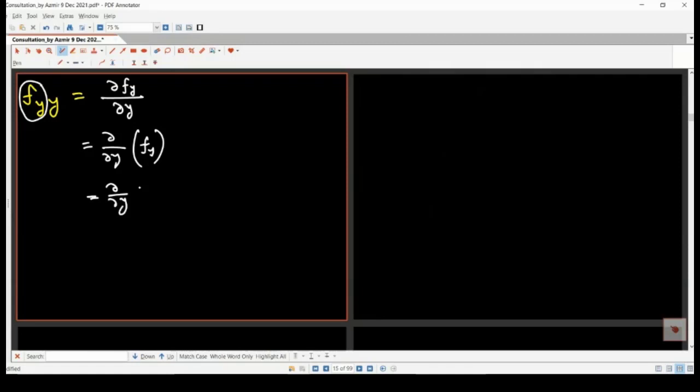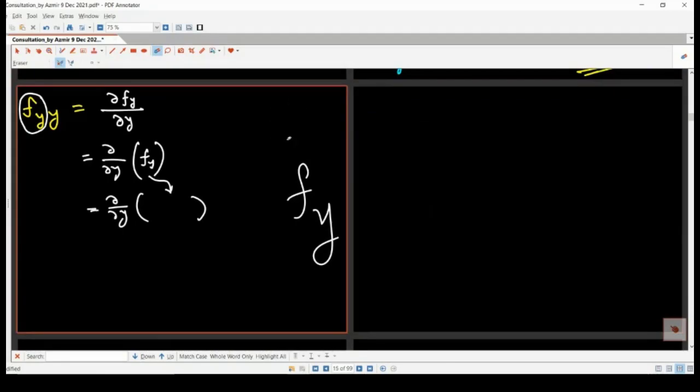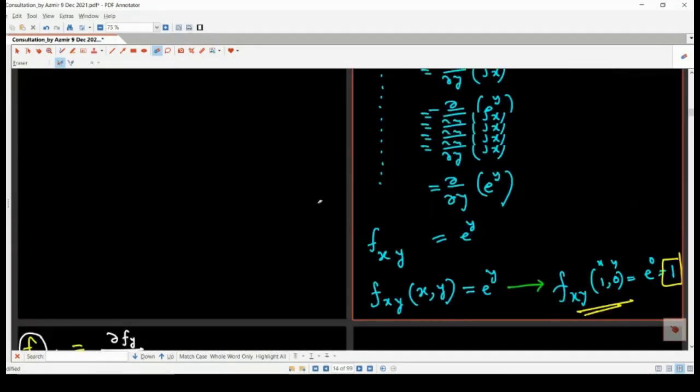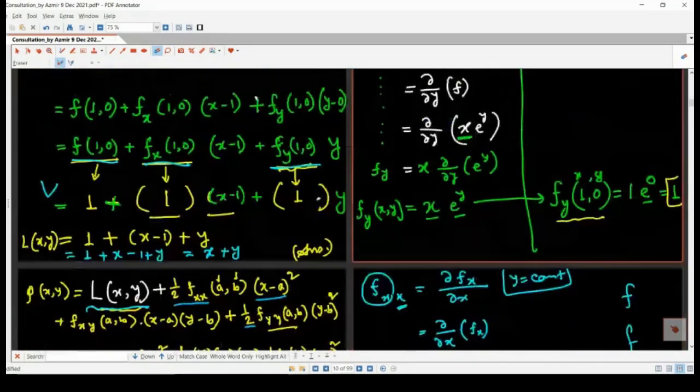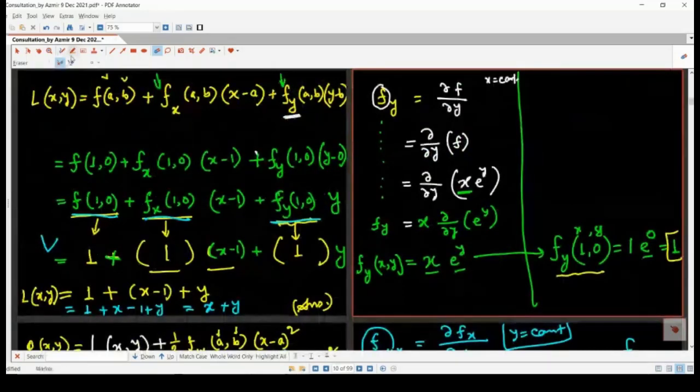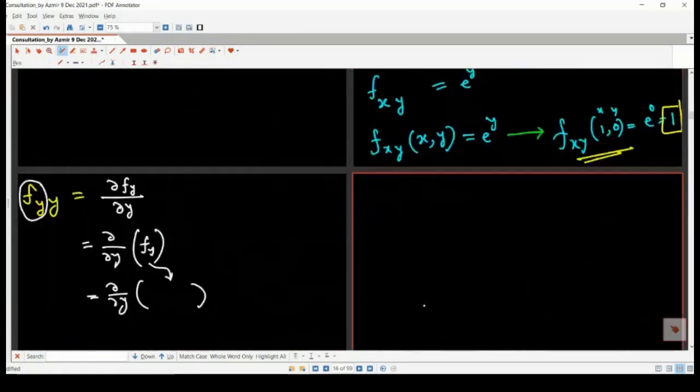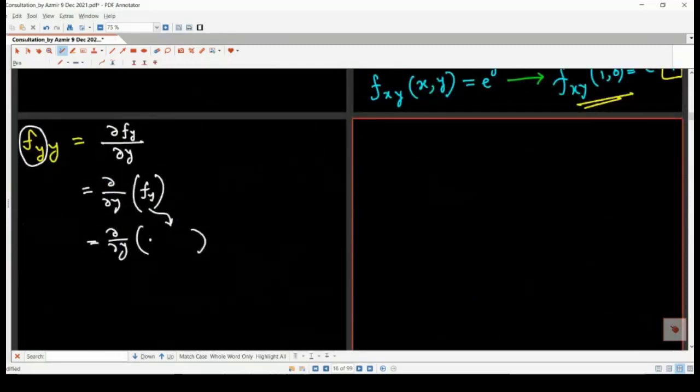We don't need to input f, but we have to look for f sub y. That is important. We have already found what f sub y is. That means f sub y is x e power y.